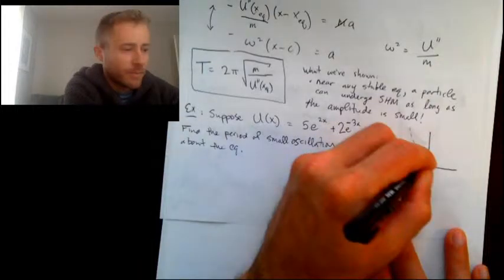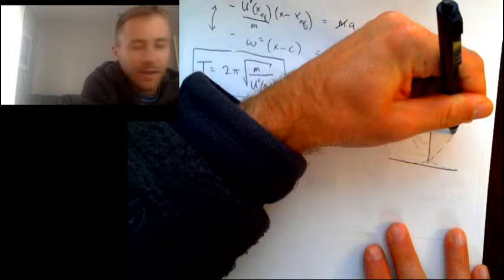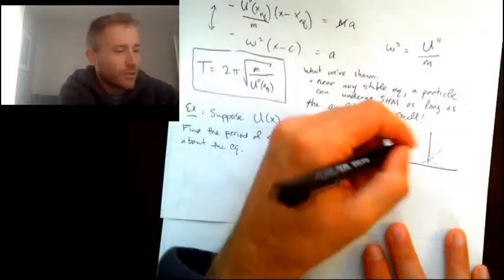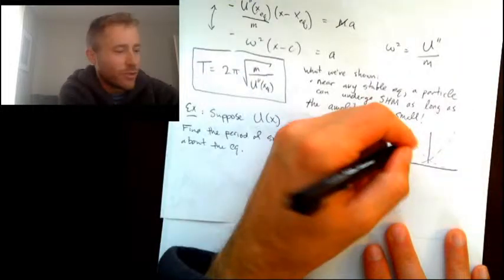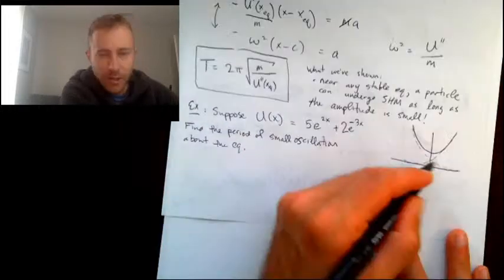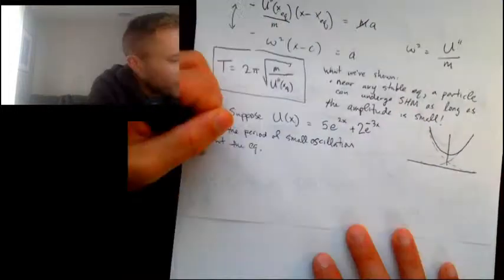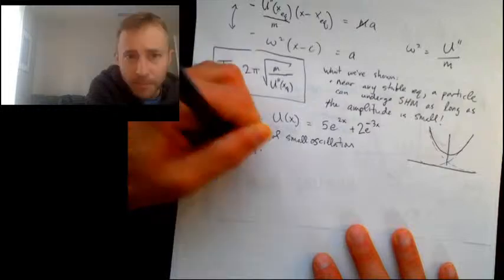And then if we think about a graph of e to the 2x, it's going to look like this. And so we're adding these two together, and the overall shape of the potential is going to look like that. So it has a stable equilibrium somewhere near x equals 0.